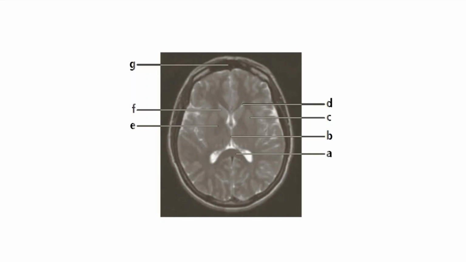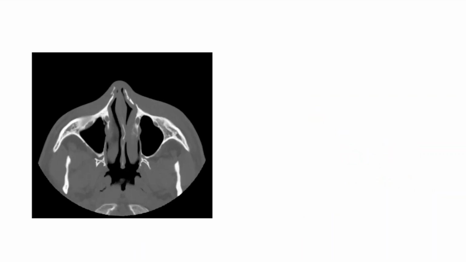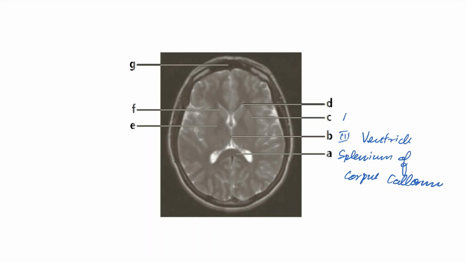Now let us discuss the structures in this MRI. A is splenium of corpus callosum. B is third ventricle. C is putamen and globus pallidus.